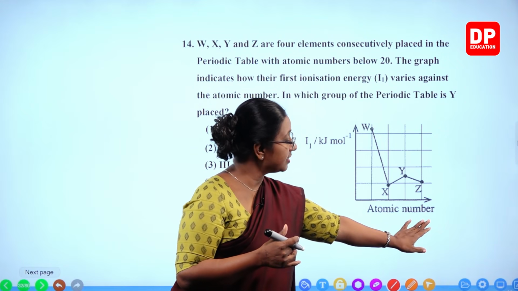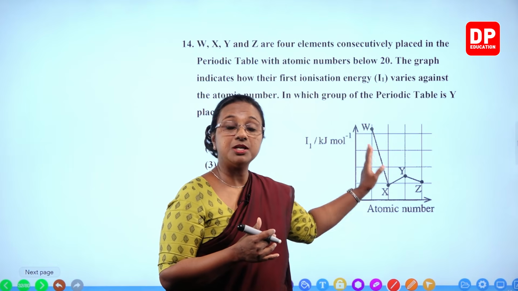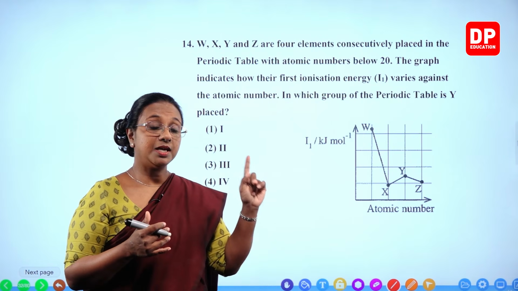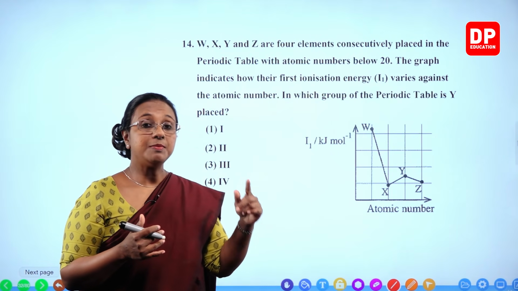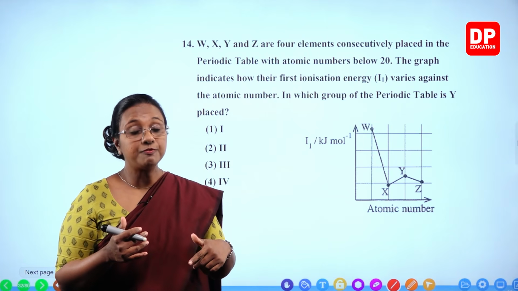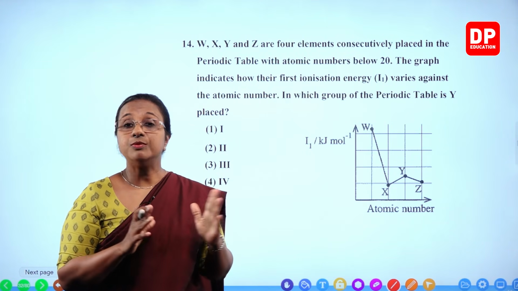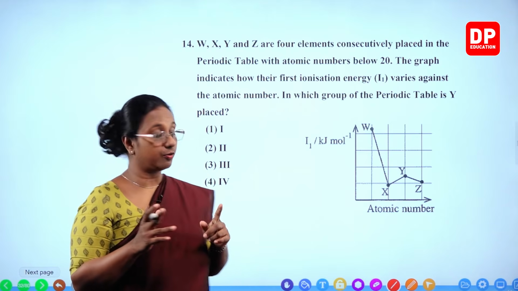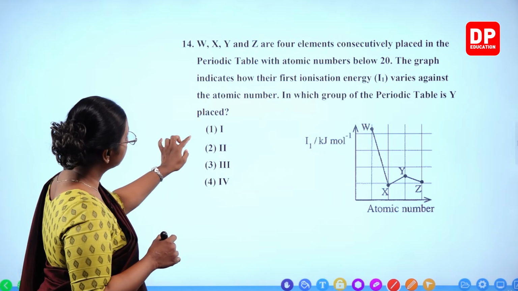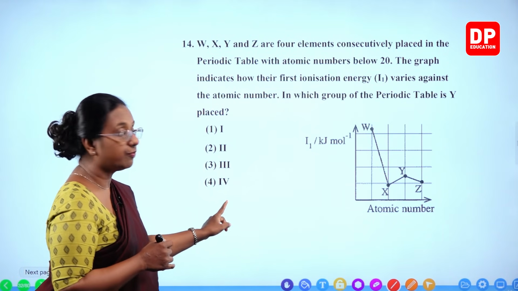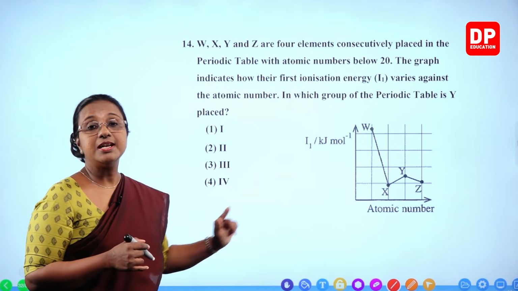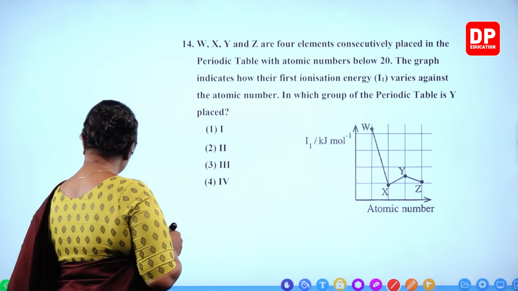Here you can't say which is the atomic number, but you can identify the group because they have period 1, period 2, period 3 and period 4. So from that you can easily identify the group. Now look at the answers: group 1, group 2, group 3, group 4. Now we'll try to understand the graph in the next slide.